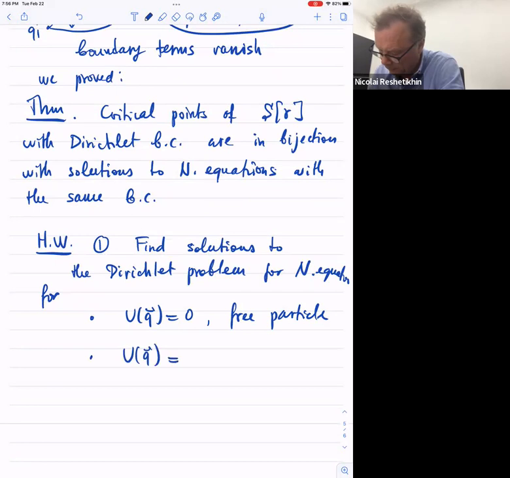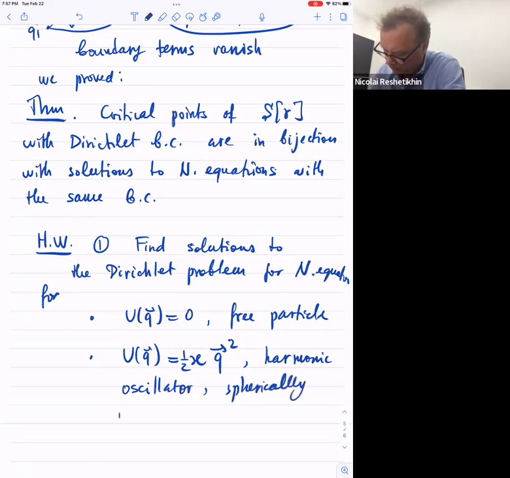Second, the harmonic oscillator. You can see that it's spherically, rotationally invariant.